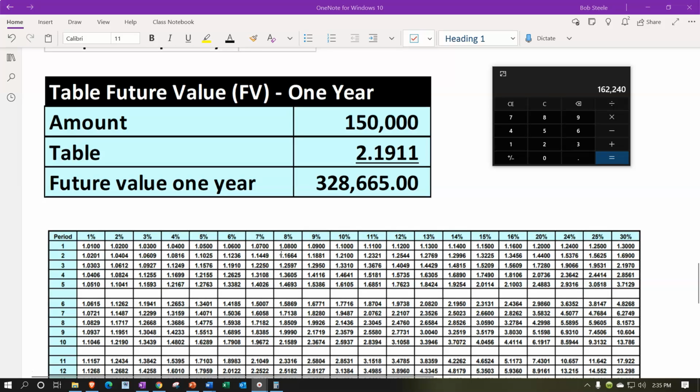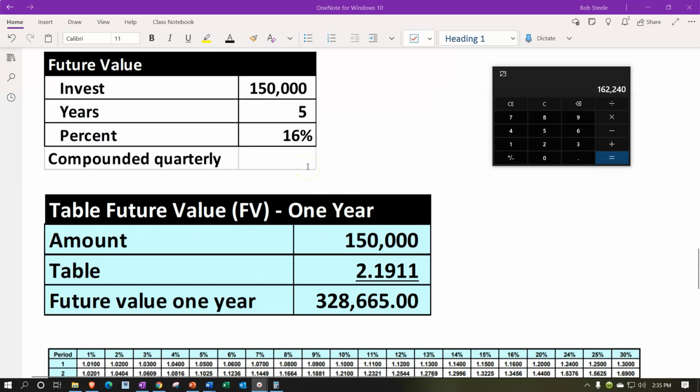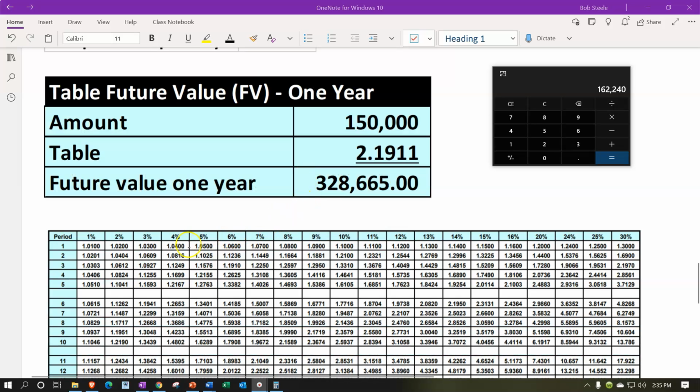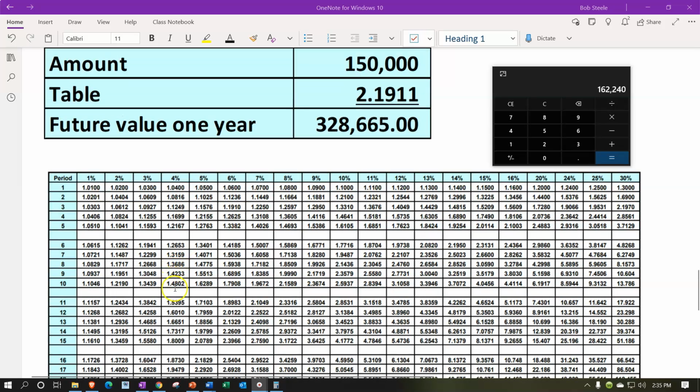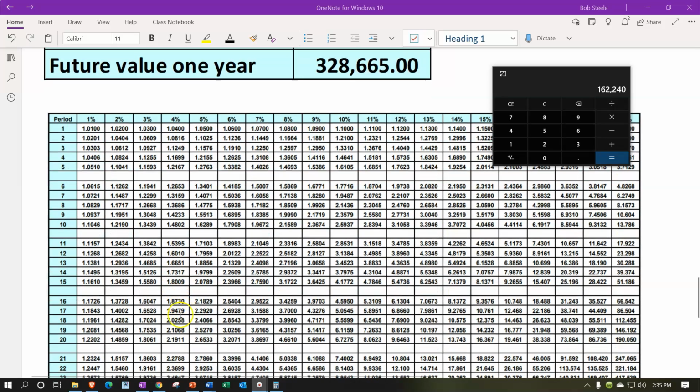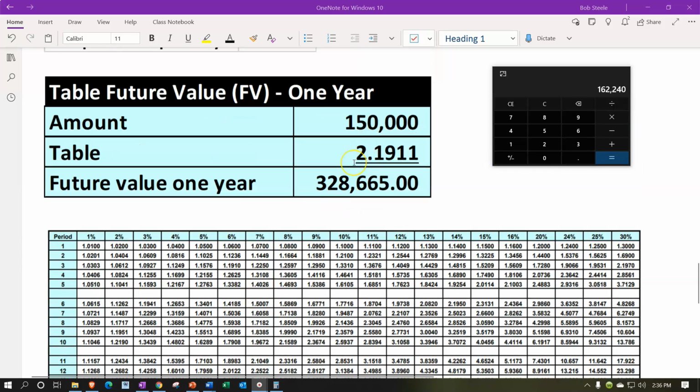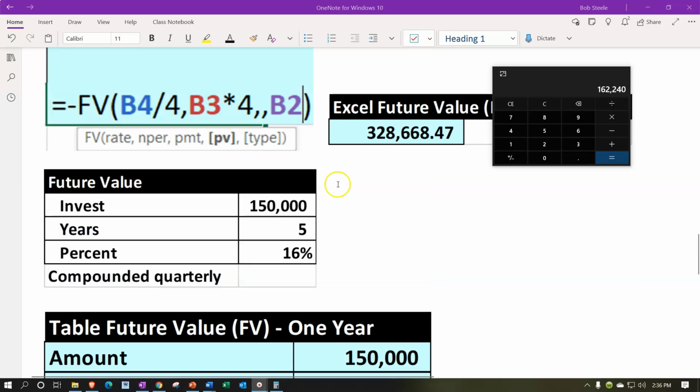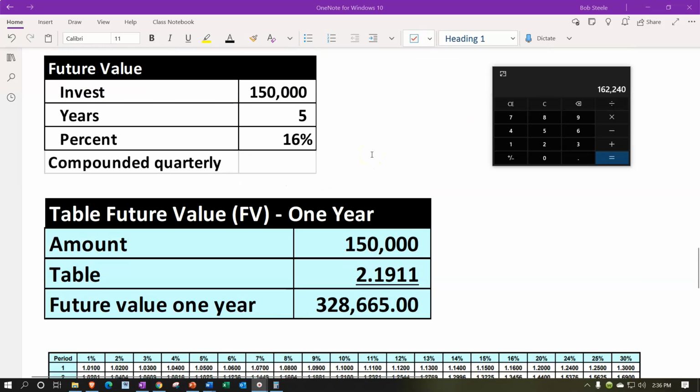So if we go down below, I have to make sure I'm looking at 4 and 20. So I'm looking at 4 and 20, 4 and 20, and that's going to give us the 2.1911. There's the 2.1911, 150,000 times the 2.1911 gives us the 328,665, which is approximate to the 328,668 that we had up top.